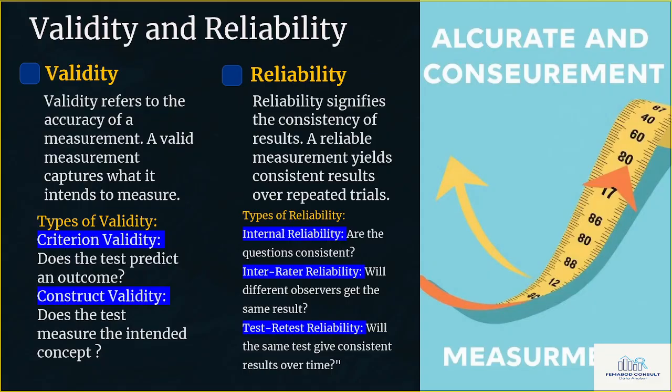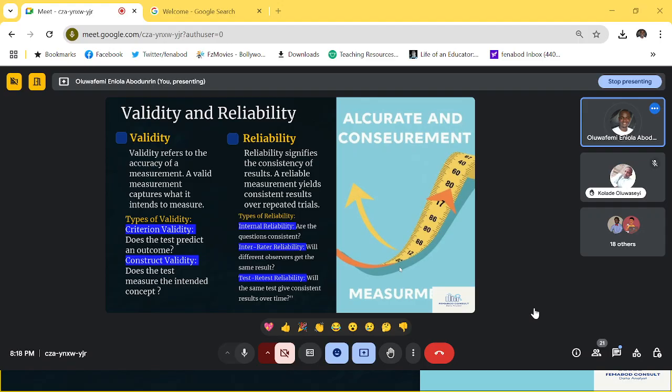If I carry out the test on class B, and I have also taught class B the same thing, will I get consistent results? Or if I give tests to different groups of people, will the result I'm going to get be very consistent? So that is talking about the reliability of the test.